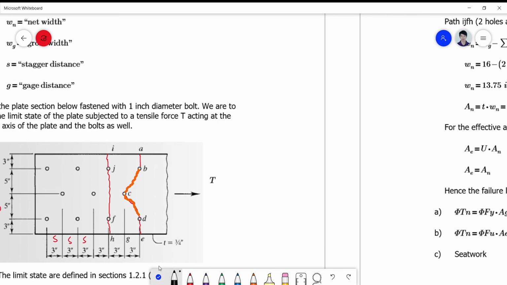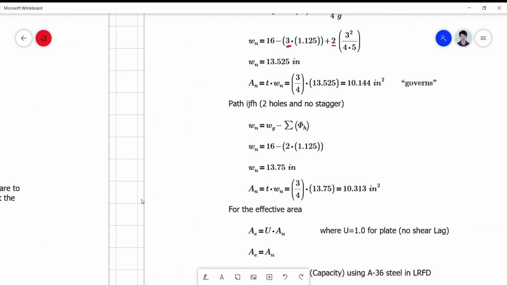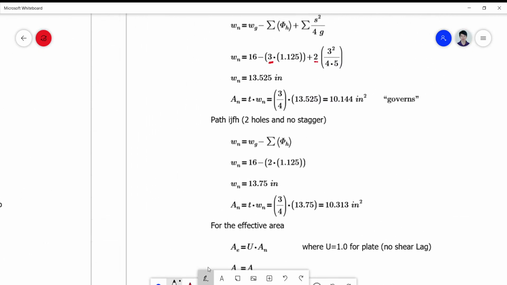So it's simply 3 squared over 4 times 5. This gives a net width of 13.525 inch.